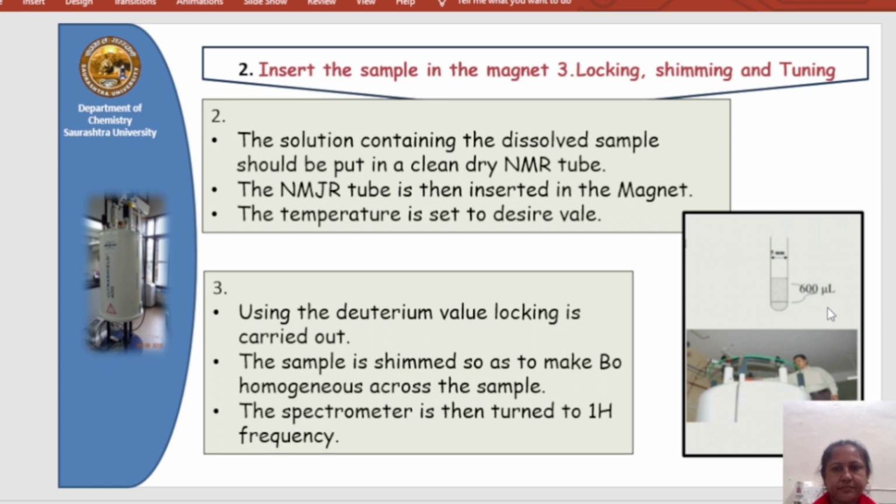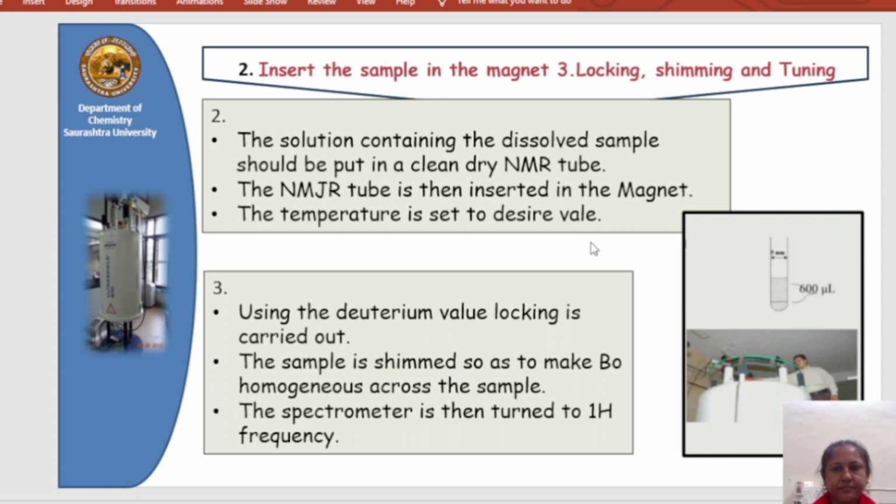If it is not a deuterated solvent, we add D2O if it is miscible with the primary solvent, adjust the height with the help of a gauge, and then insert it with the help of hydraulic air at the upper part of the instrument, and it goes inside the instrument where the magnet is located. The solution containing the dissolved sample should be put in a clean dry tube. The NMR tube is inserted in the magnet and the temperature is set to the desired value.